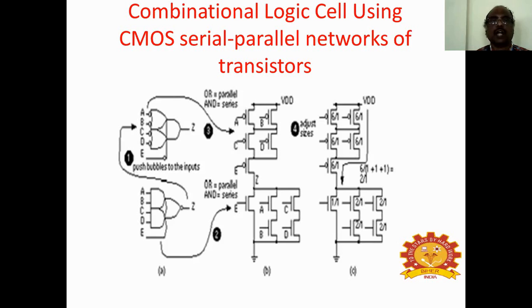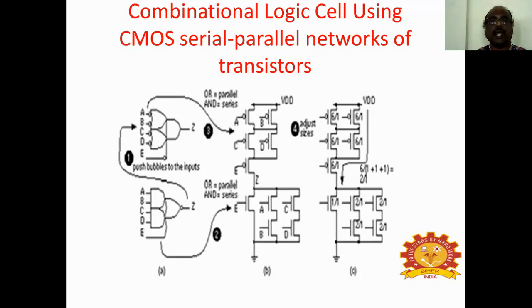The PMOS transistors are arranged in parallel for the OR gate implementation, and in series for the AND gate implementation. Whereas for the NMOS transistors, the OR gate is arranged in series and the AND gate in parallel.